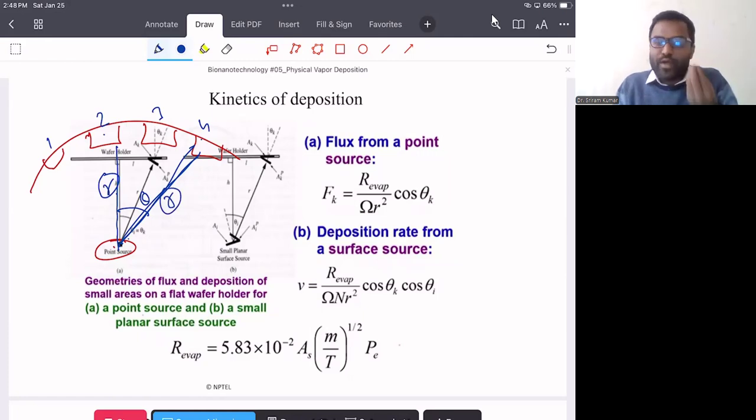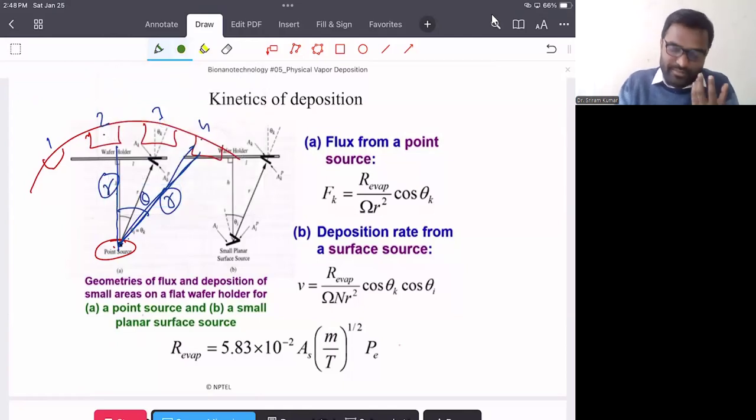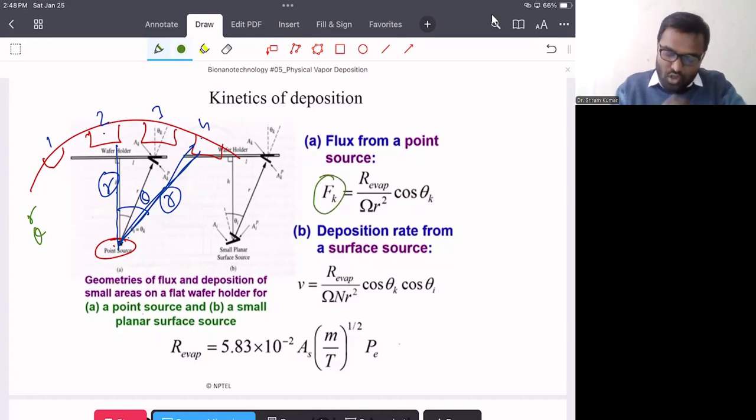So in the case of the point source, there are two parameters on which the deposition depends: the r value and the theta value. The flux of the vapor on a particular substrate depends on cos theta and the radial distance, and here R is the rate of evaporation from that point source.